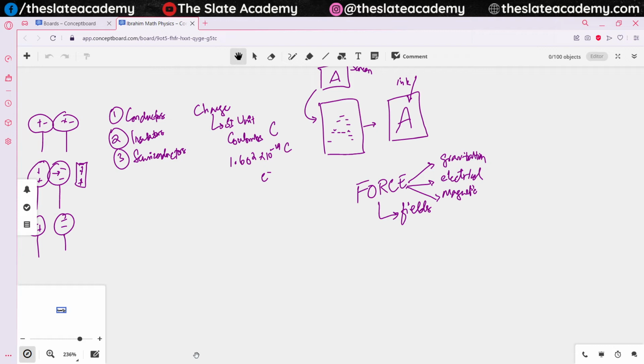So we can say that the area around a charge in which the effect of the charge can be felt is electric field.